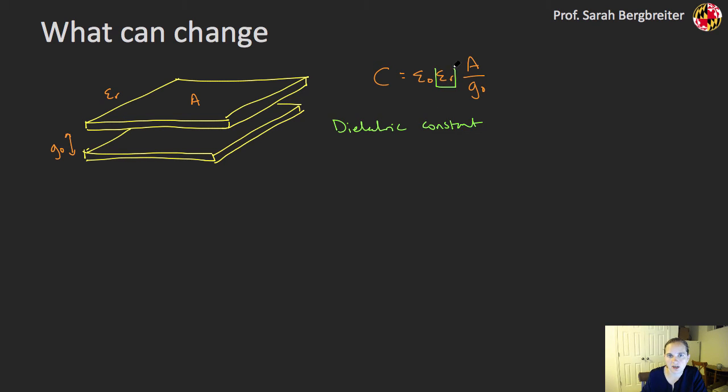So if I change epsilon r, and this is something that could happen for both the fringing field effect and this parallel plate effect, I'm going to be changing my capacitance. And this is used in a lot of fluid level sensors, in a lot of soil moisture sensors, a lot of other kind of material testing, a lot of applications like that.